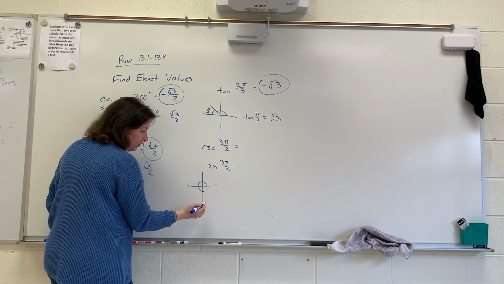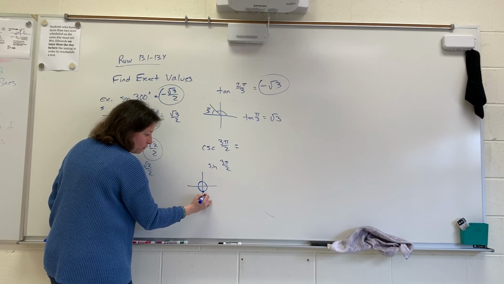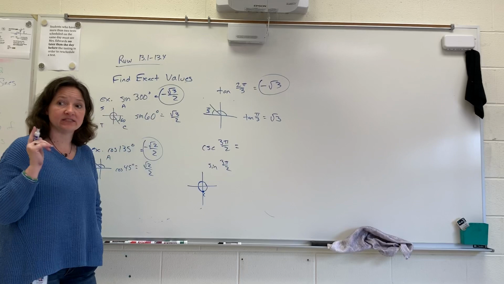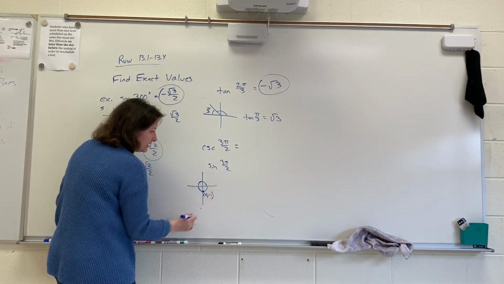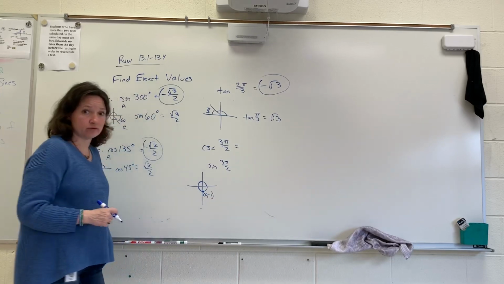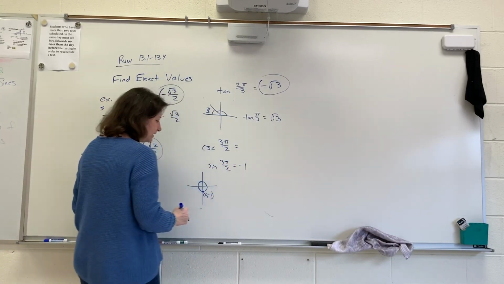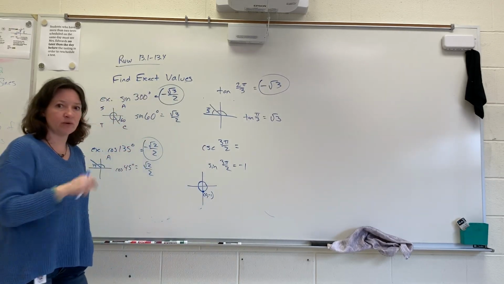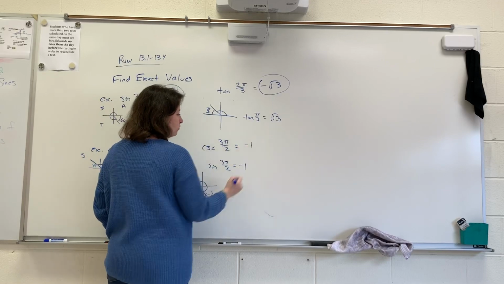I'm right here. That means on this circle, I just need to know what that point is. What's that point when the radius is 1? 0, -1. Sine is which one of those? The y coordinate. So sine is -1. But we wanted cosecant, so what do we do to that answer? We take the reciprocal, and the reciprocal is -1.